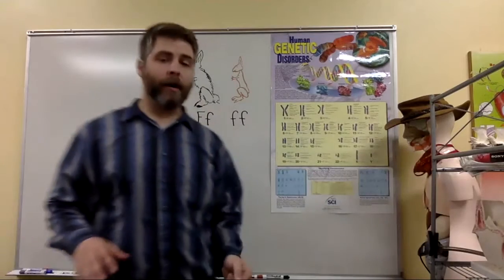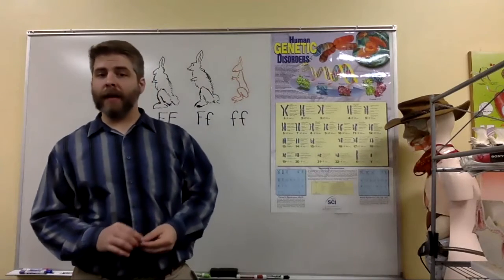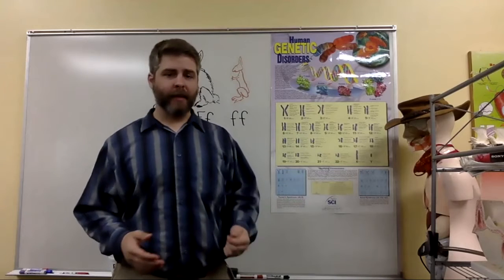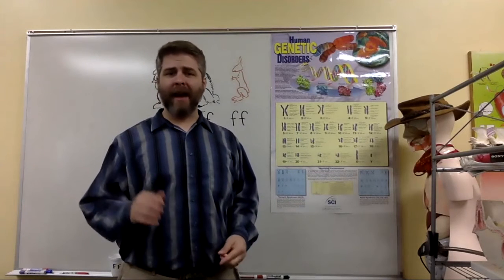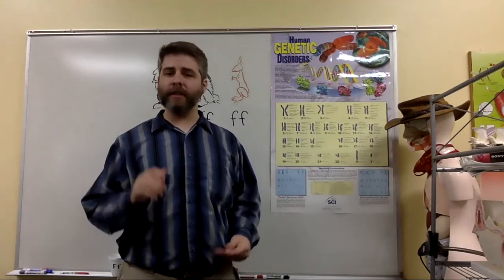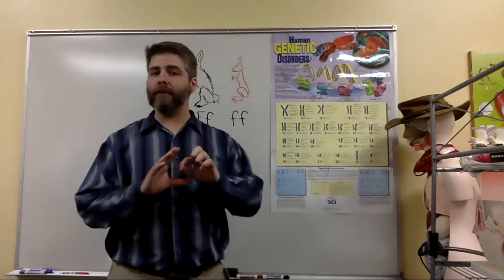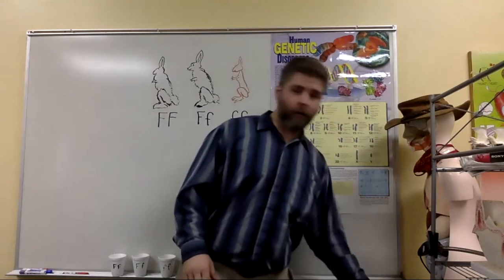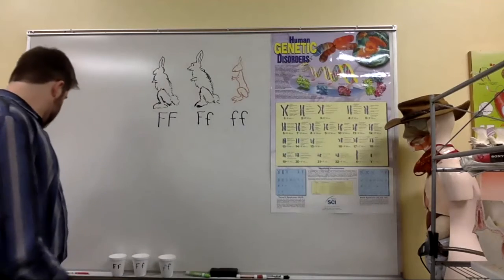You can use whatever you want lying around. In a normal class setting, I would bring like dried beans, red beans and white beans. You can use whatever you have. Use pocket change. I don't care, as long as it feels the same. That's the key. It feels the same, not looks, because you're not going to be looking. So, like I said, I'm using paper balls, blue and pink.